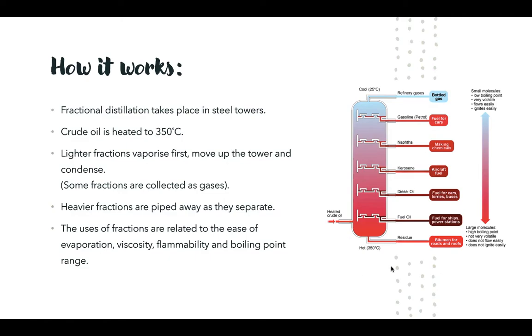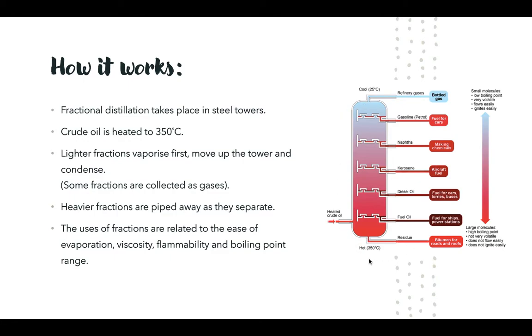It's heated up to 350 degrees centigrade, and what happens is our lighter fractions, i.e. the fractions with the smallest molecules and the lowest boiling points, will vaporise first. They will go from liquid to gas, and they will begin to move up the tower. Now, as you can see on this tower, as we move from the bottom to the top, it gets colder.